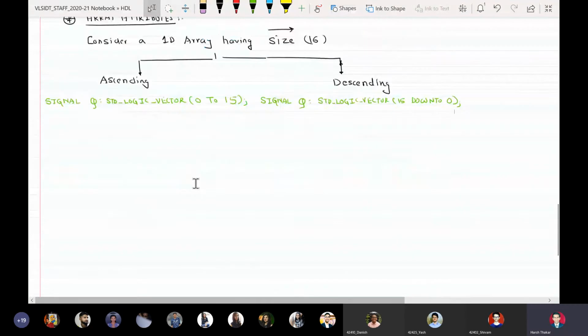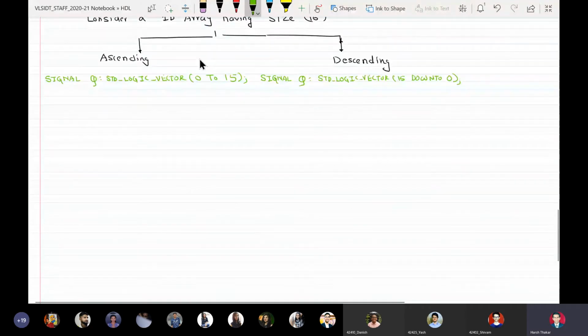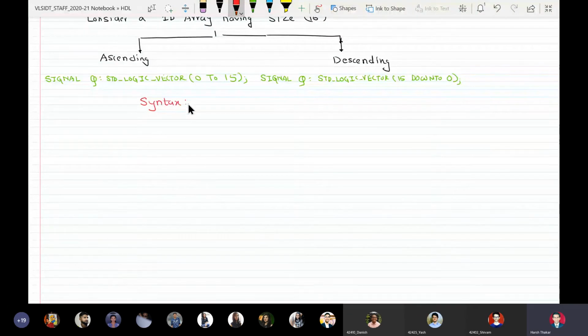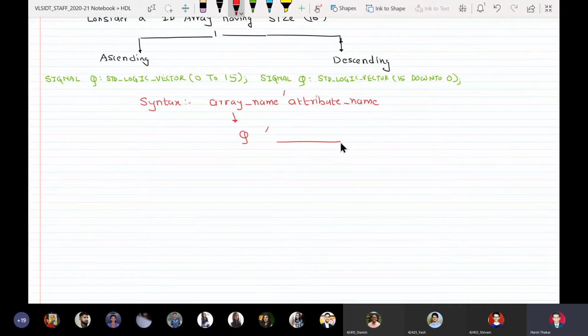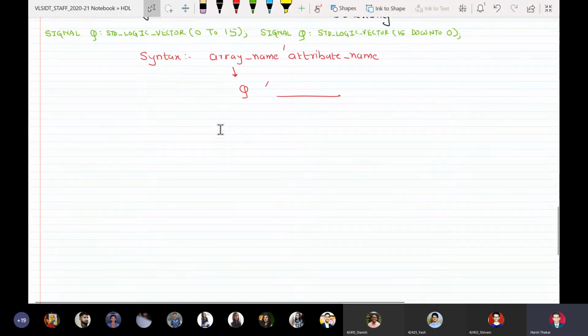Okay, now we will define the attributes. As we told, the syntax is array name tick attribute name. Our array name is q, so it will be q tick attribute name.